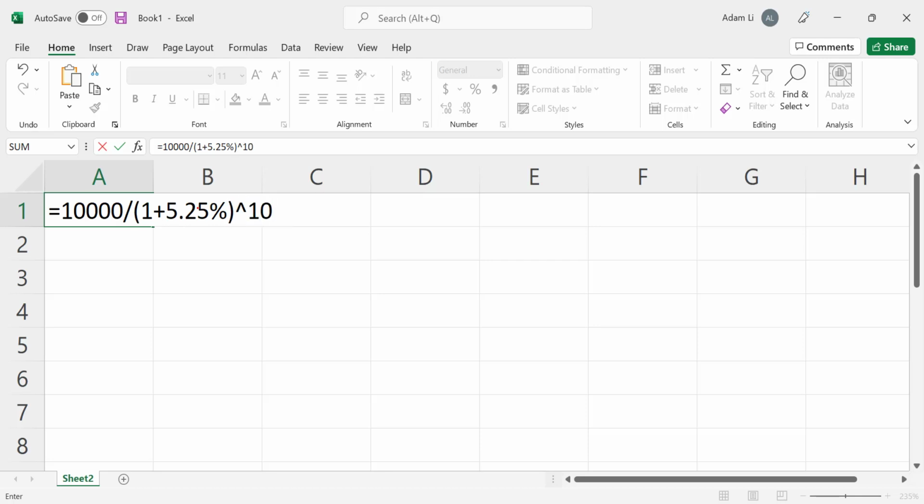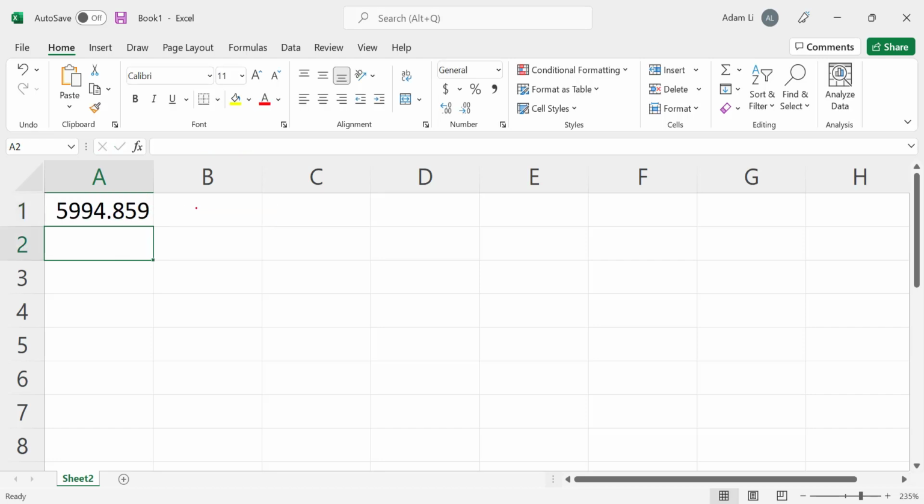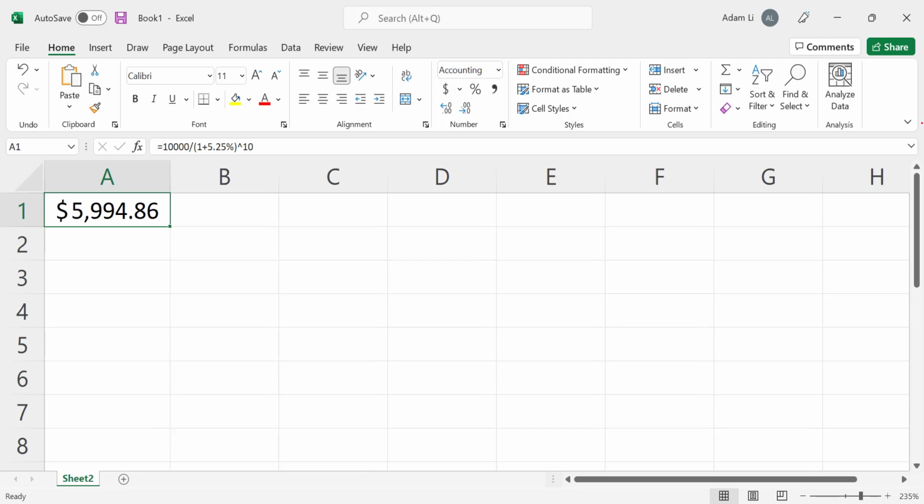You can also turn 5.25% into a decimal number, equally good. So we end up with $5,994.86.